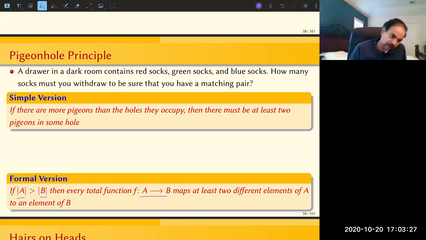Because there is an arrow coming out of every element in A, because that's why it's a total function. And these arrows have to go somewhere, and there are not as many elements in B as there are arrows coming out of A, and therefore multiple of these arrows have to end up on the same element. So all it says is that at least 2 of these elements should end up in the same place.